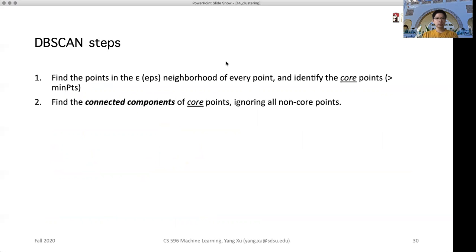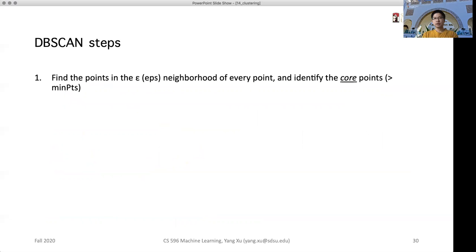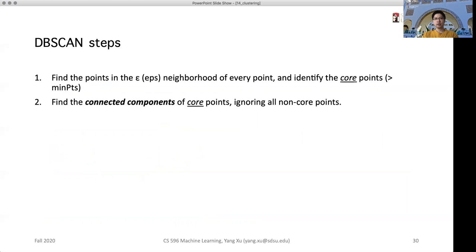Okay. So DBSCAN will start by finding the points in the epsilon neighborhood for every point. And then we will first identify all the data points that have more than minimum points neighbors. And then we will find the connected components of core points and ignore all the non-core points.